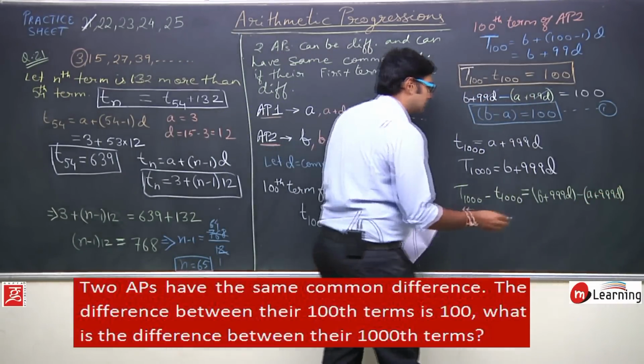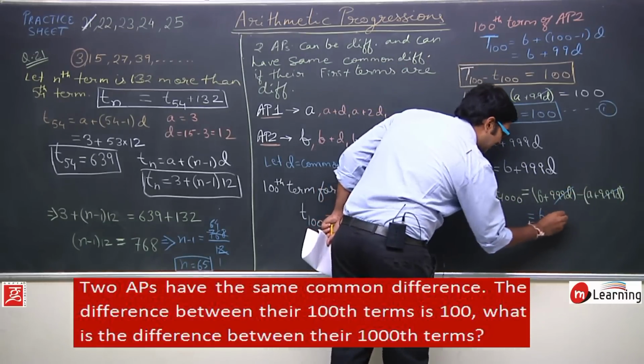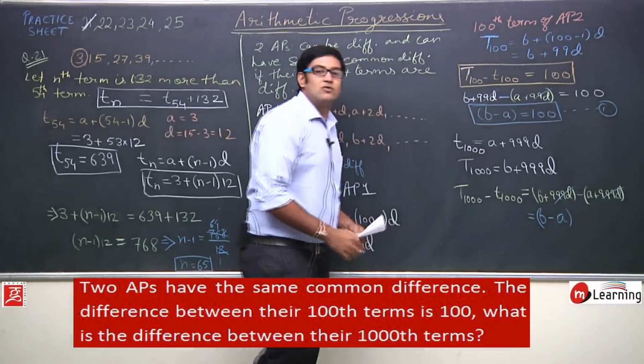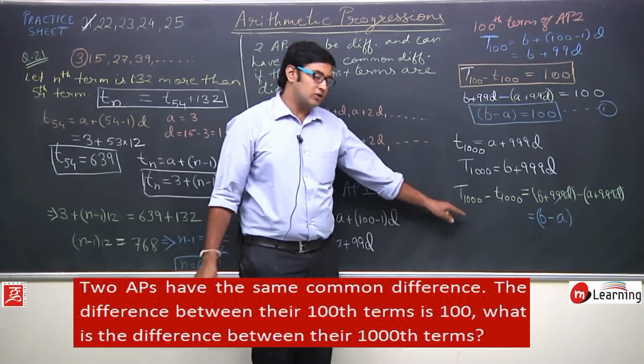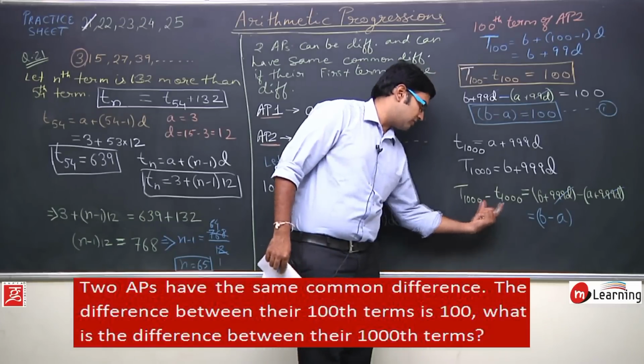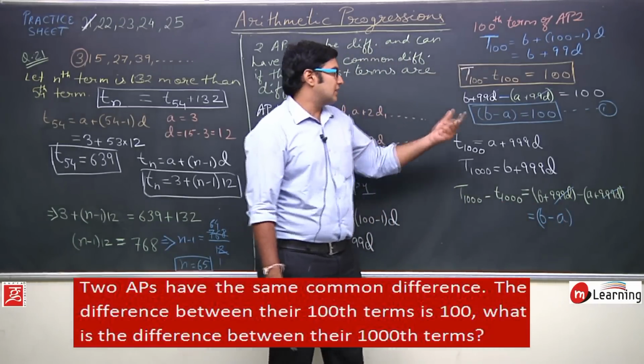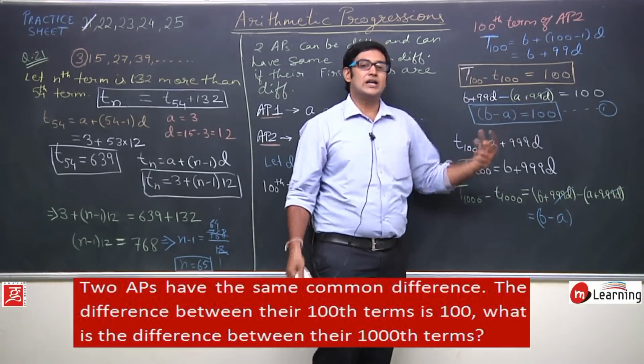Further solving this, 999D will get cancelled out and you will get B minus A. So the difference between the 1000th terms of these two APs, T1000 minus small t1000, is B minus A. And B minus A is equal to 100.